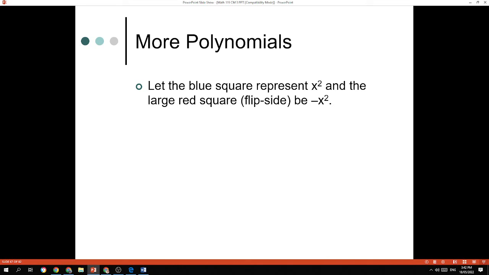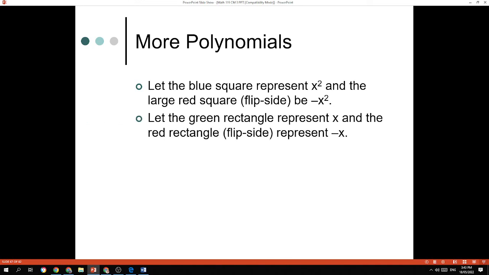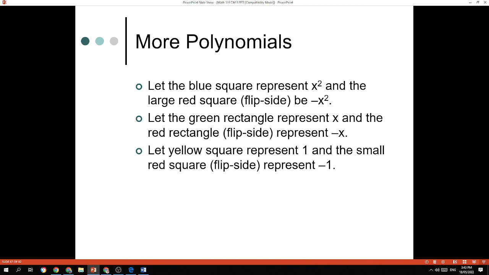Now let the blue square represent x squared, and the large red square, the negative x squared. Let the green rectangle represent x. The red rectangle is negative x. The small yellow squares represent 1, and the small red square, negative 1.